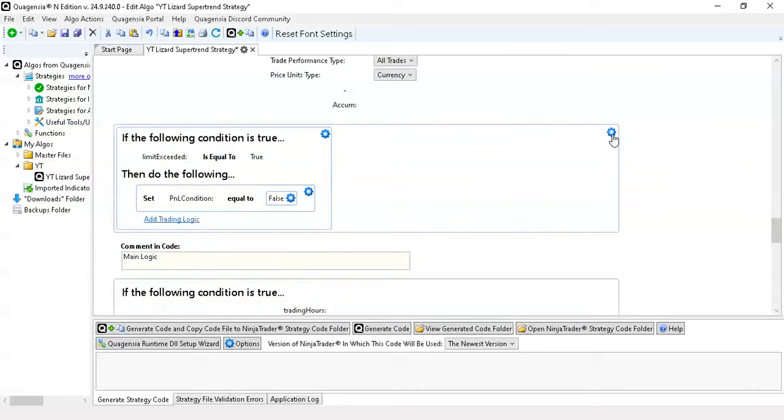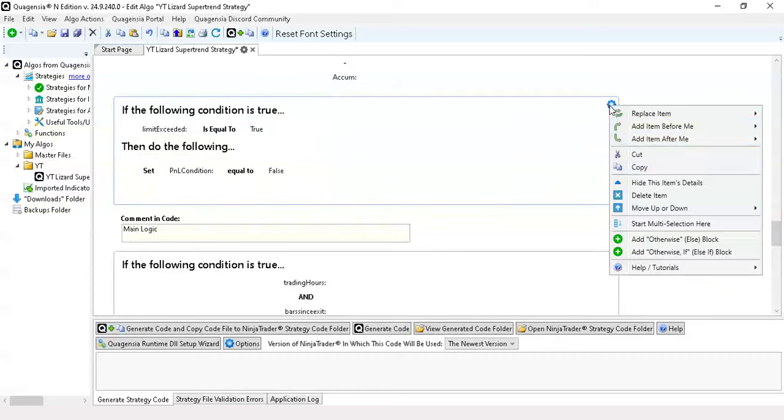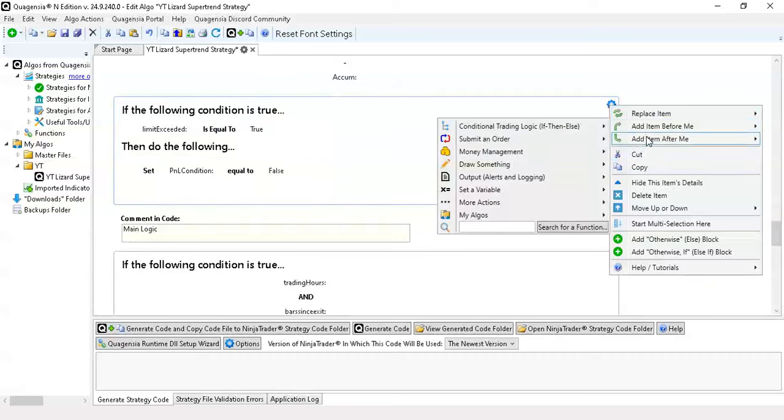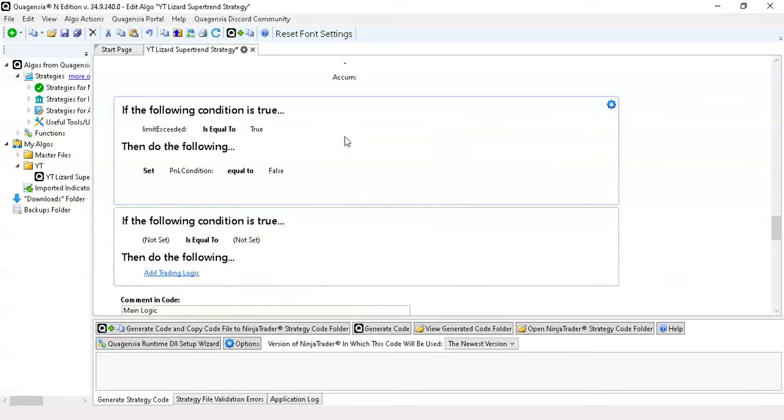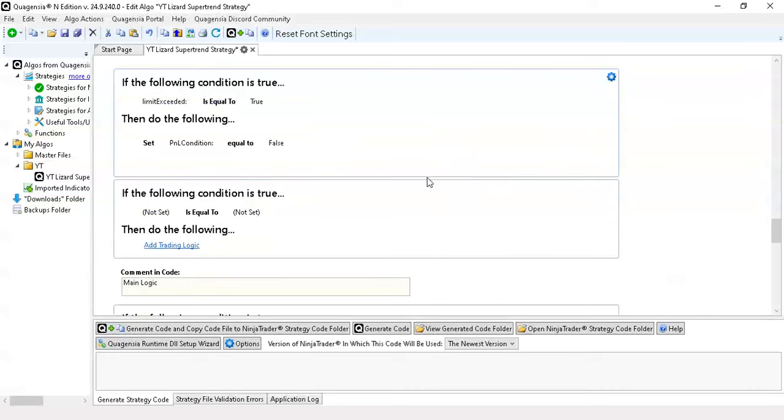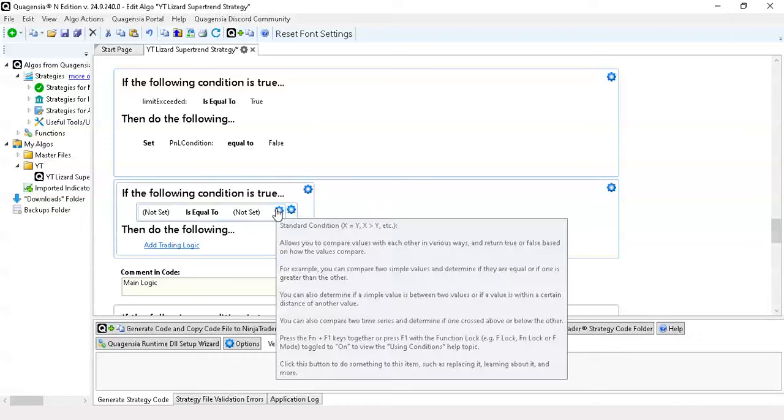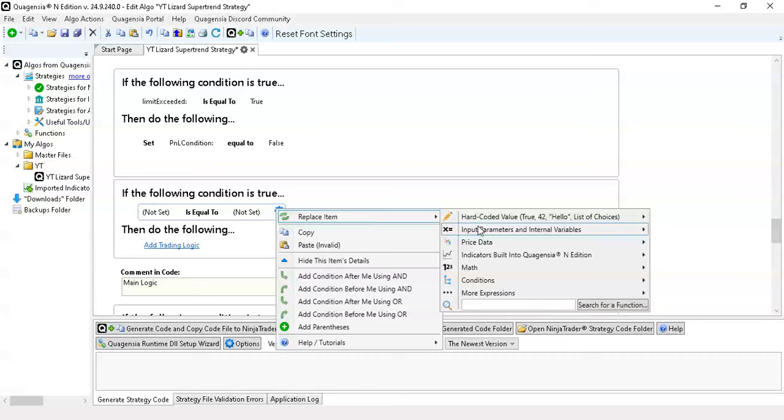All right, so we've got that set up. One more thing I would like to add is that I want to make sure that I reset these values. Bear with me one sec.